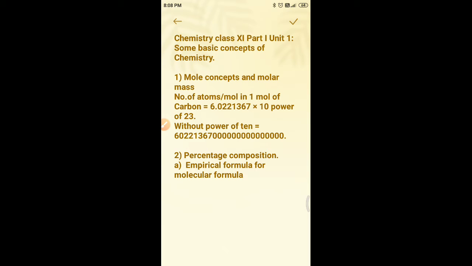The molar mass of ethanol is: carbon has 2 atoms, and 12.01 is the molar mass of carbon, so 2 × 12.01 becomes 24.02 gram, plus 6 × 1.008, since 6 hydrogen atoms are available in ethanol, where 1.008 is the molar mass of hydrogen, plus 16, the oxygen molar mass. Finally, we get 46.068 gram.